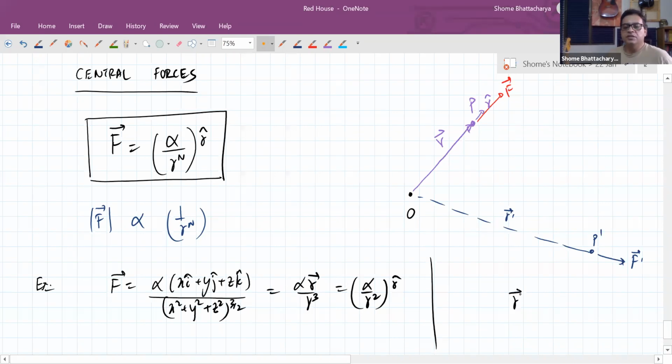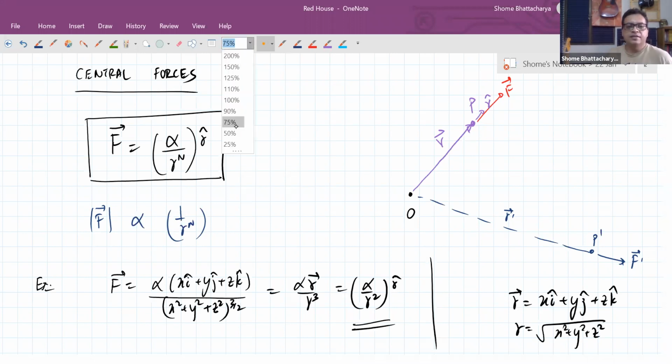Because position vector in 3D is this, and the distance of the point is nothing but this, the magnitude of the position vector. So you can see that this actually relates to this central force. So the moment you get that relation, we could have done this much more simply by using this.